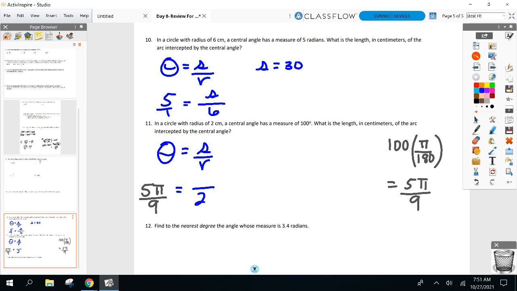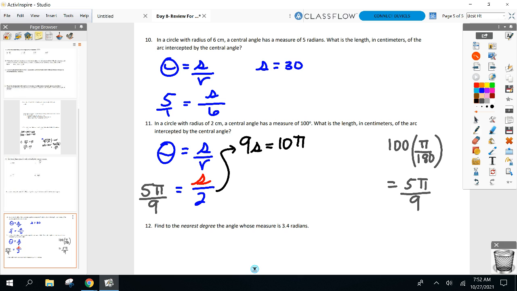And we're solving for S again. I'm not even going to assume that we're comfortable doing this. Cross multiply. Everyone good? 9 times S is 9S, and 5 pi times 2 is 10 pi.